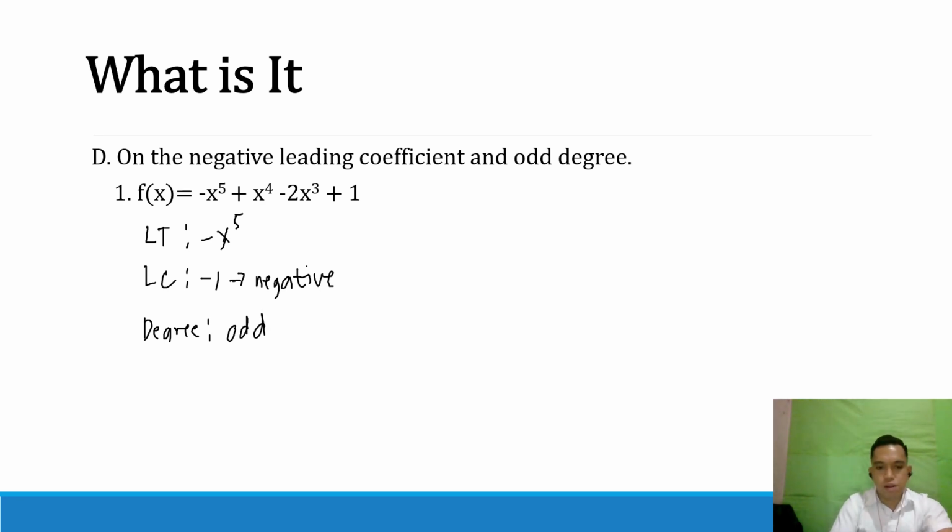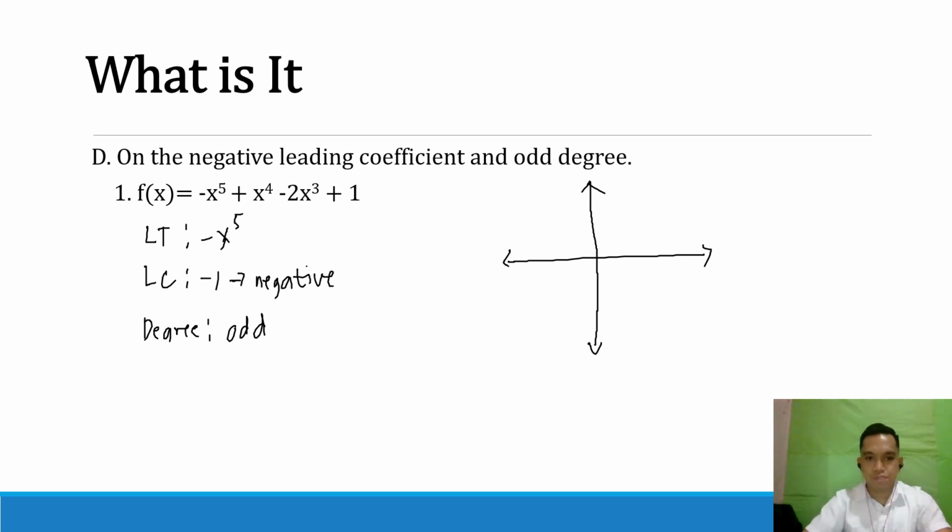Okay, so the possible graph of our polynomial function here looks like this. The end behavior is, it rises to the left and falls to the right.